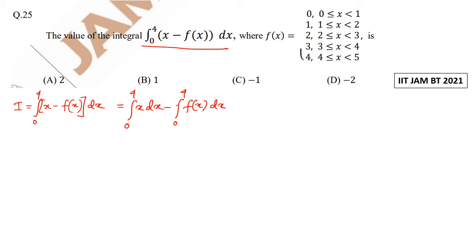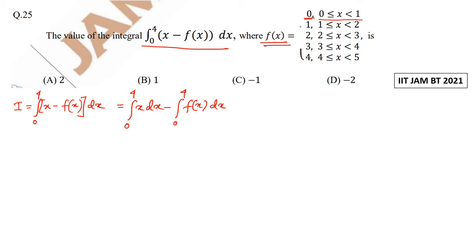Now here, given that the value of f of x is 0 when x is 0 to 1, that is 0 less than or equal to x less than 1.